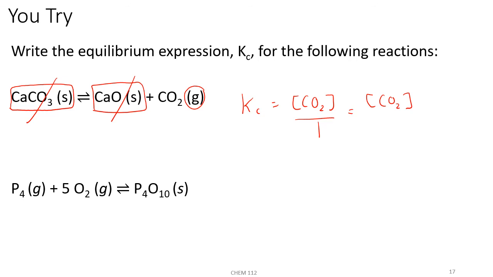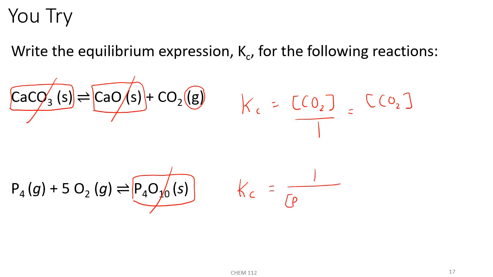For our next one, we have gaseous P4 plus 5 moles of gaseous O2 forming tetraphosphorus decaoxide, which is P4O10, and that's a solid. So we don't want to include that pure solid in our equilibrium expression. So in this case, K sub C will equal 1 over our reactants.